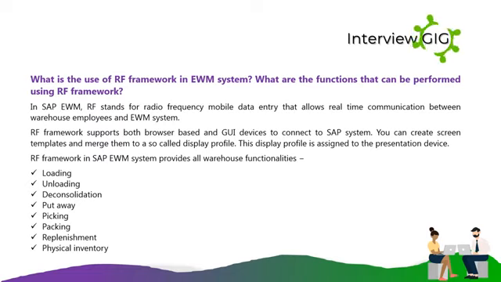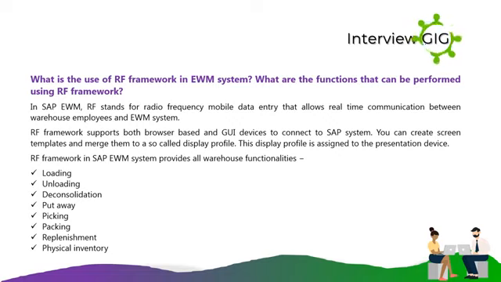What is the use of RF framework in the EWM system? What are the functions that can be performed using RF framework? In SAP EWM, RF stands for Radio Frequency Mobile Data Entry that allows real-time communication between warehouse employees and the EWM system. RF framework supports both browser-based and GUI devices to connect to the SAP system. You can create screen templates and merge them to a so-called display profile.